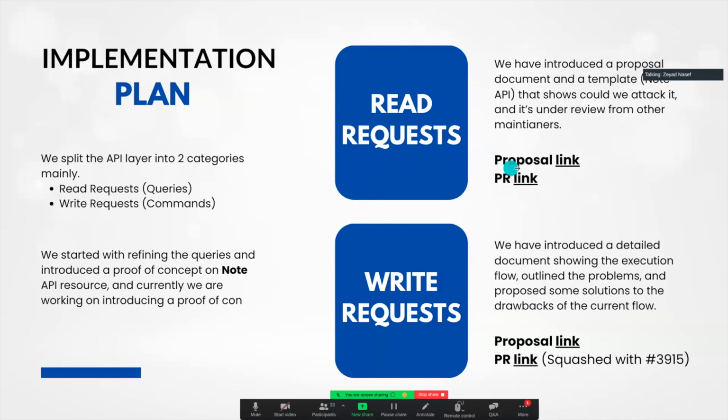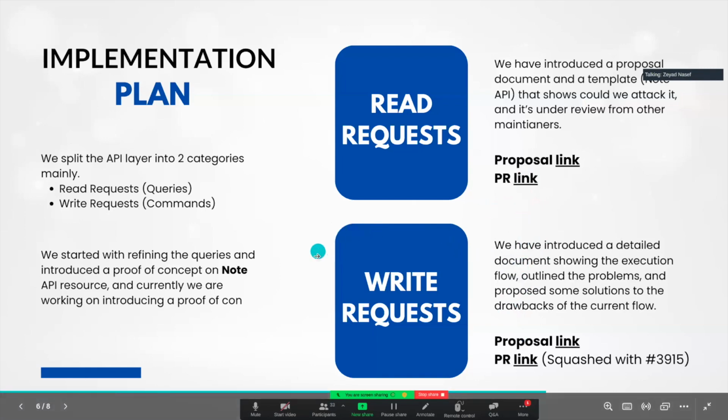It's a basic one and does not contain a lot of changes. It just makes use of Jackson and returns the DTO directly, and also centralizes the security logic without repeating the security method. For the write request, we also introduced a proposal link on the mailing list and made a PR, which is squashed with the read request PR.